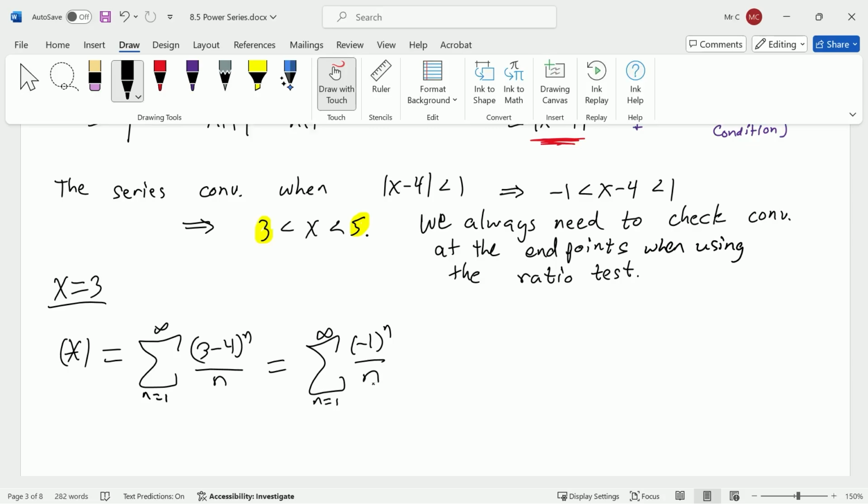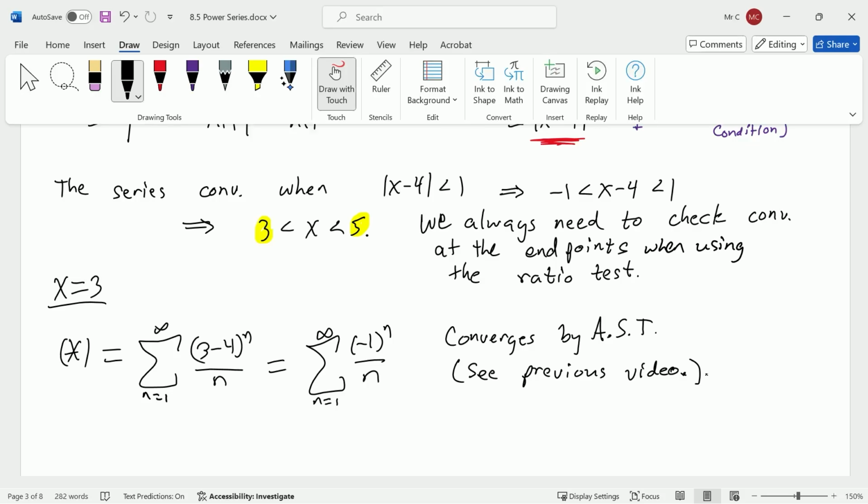And we know that this converges by the alternating series test, see the previous video. I'm not going to redo that work here since we've already done it, but I would certainly expect a student to show the alternating series test if I asked a question like this on a test.